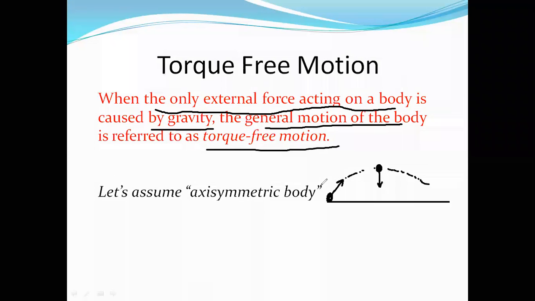So this motion of the projectile we can also call a torque-free motion. The motion of the projectile can also be studied as a torque-free motion, because during the entire course of motion of the projectile, the only force acting on the projectile is the force of gravity.